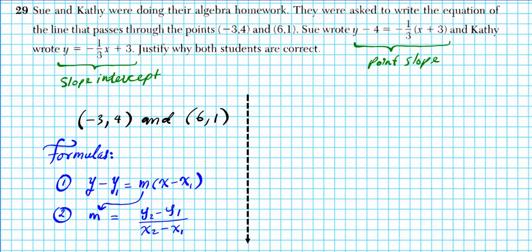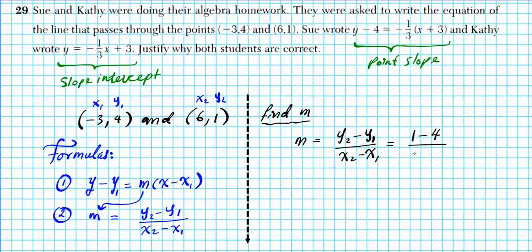All right, so we need x1, y1, x2, y2. So this is x1, y1, x2, y2. Now, formula 1 depends on formula 2 for the slope, so we're going to find m, the slope, first. So m is y2 minus y1 over x2 minus x1, rise over run. y2 is 1 minus y1, which is 4, divided by x2, which is 6, minus x1, which is negative 3.